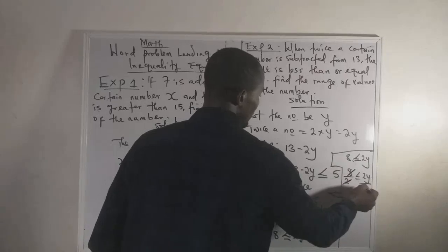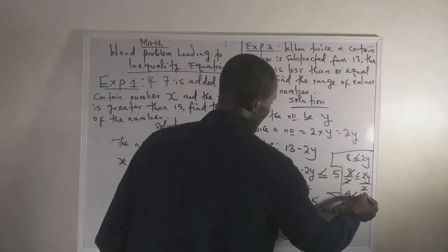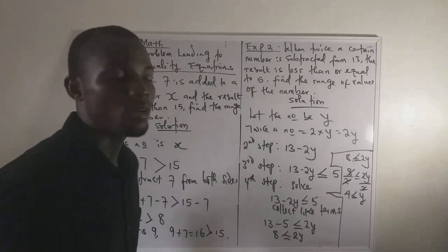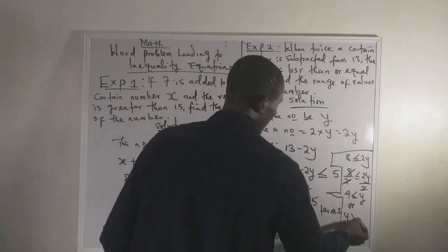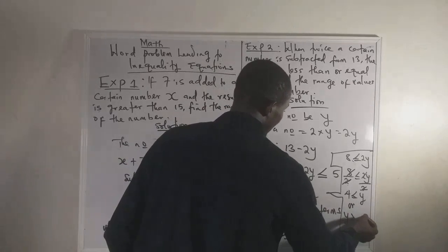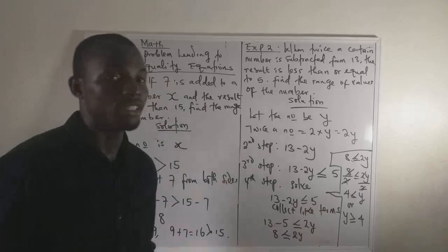On the left hand side we have 4, while on the right hand side we have y. Either you write your answer like this, or you write it as y greater than or equal to 4. Remember, the greater side is the part facing y. And then here you have your answer.